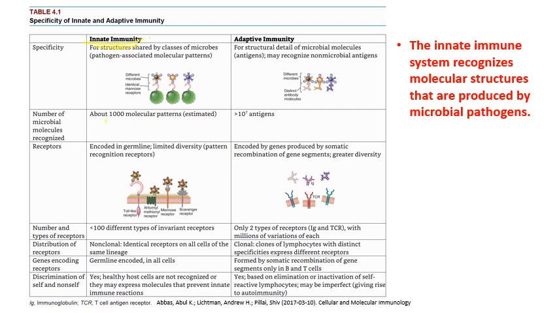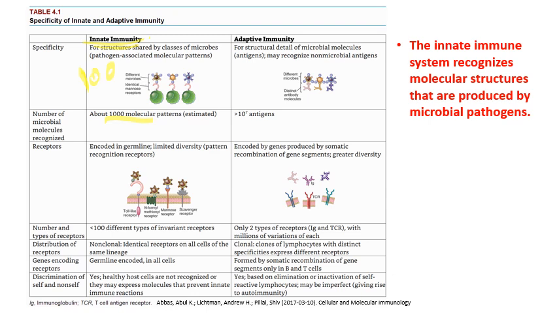You have about 100 different types of PRRs, and you can recognize about 1,000 different PAMPs and DAMPs. So there are not many receptors here, about 100 or so.